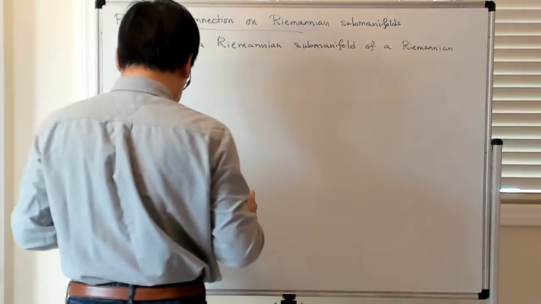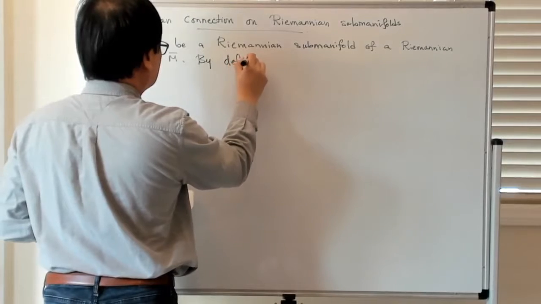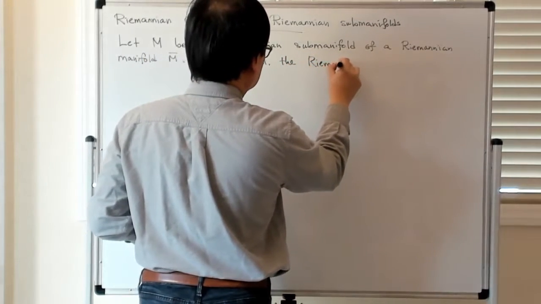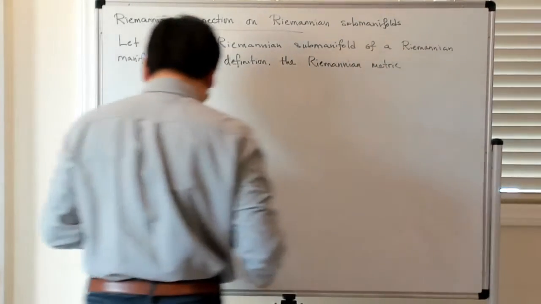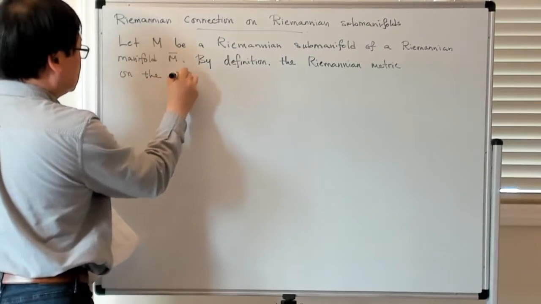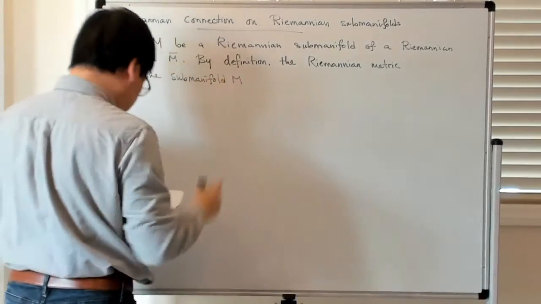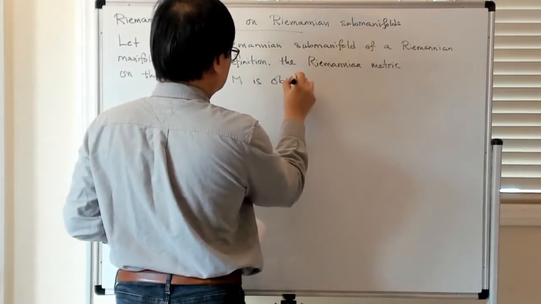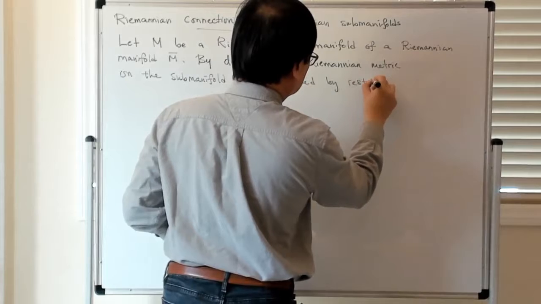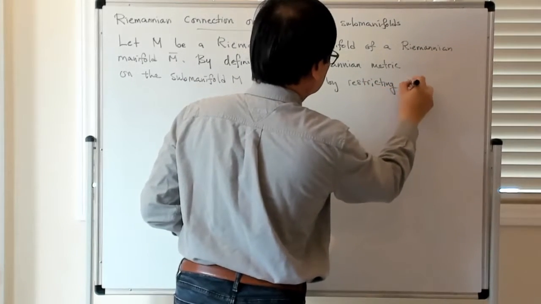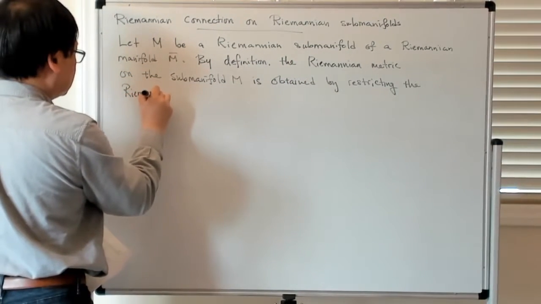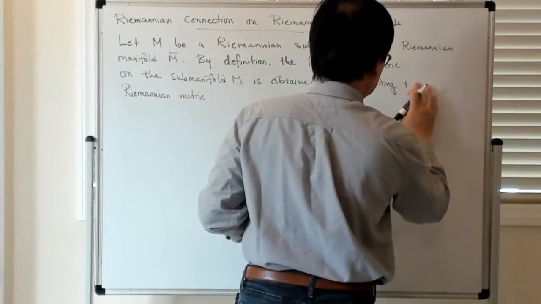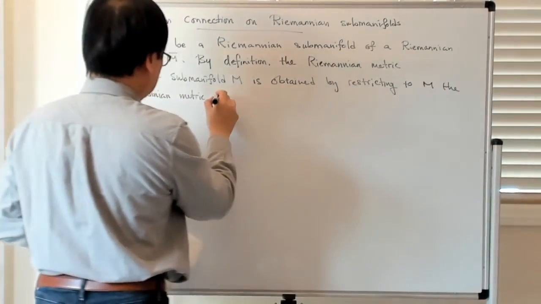Put another way, by definition, the Riemannian metric on the submanifold M is obtained by restricting to M the Riemannian metric on M bar.